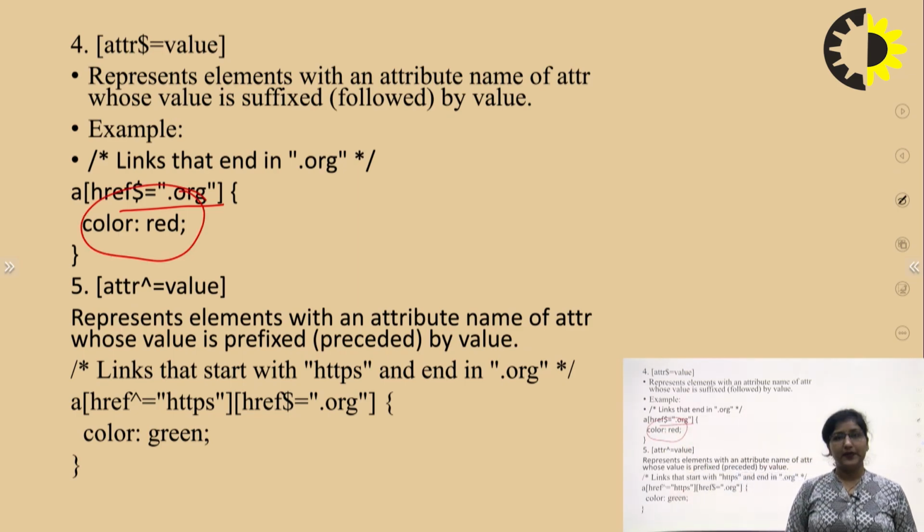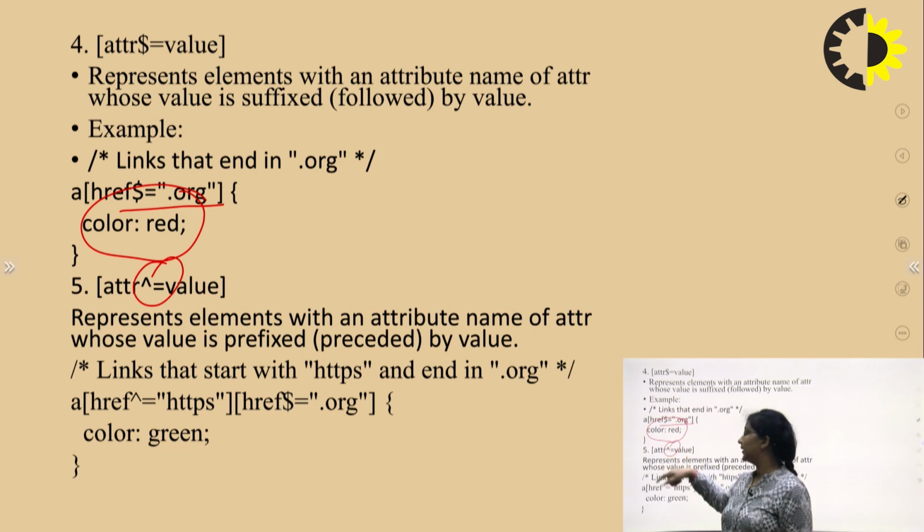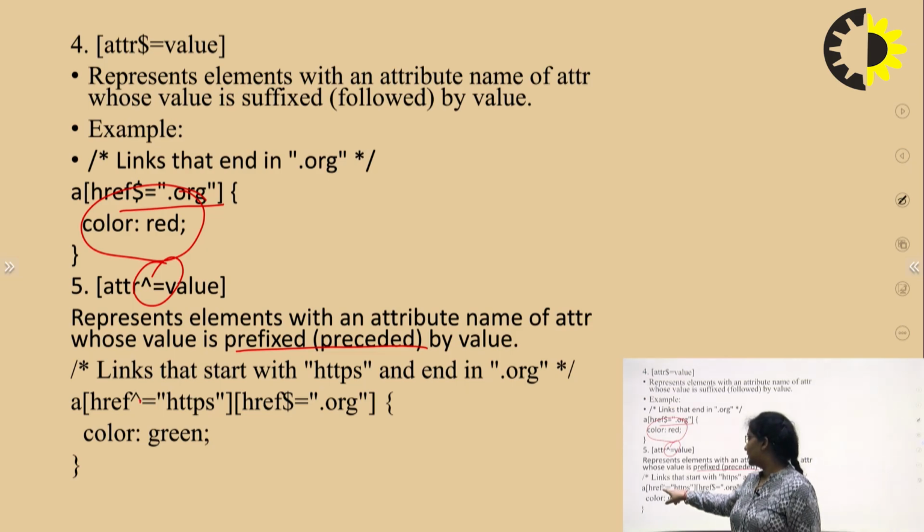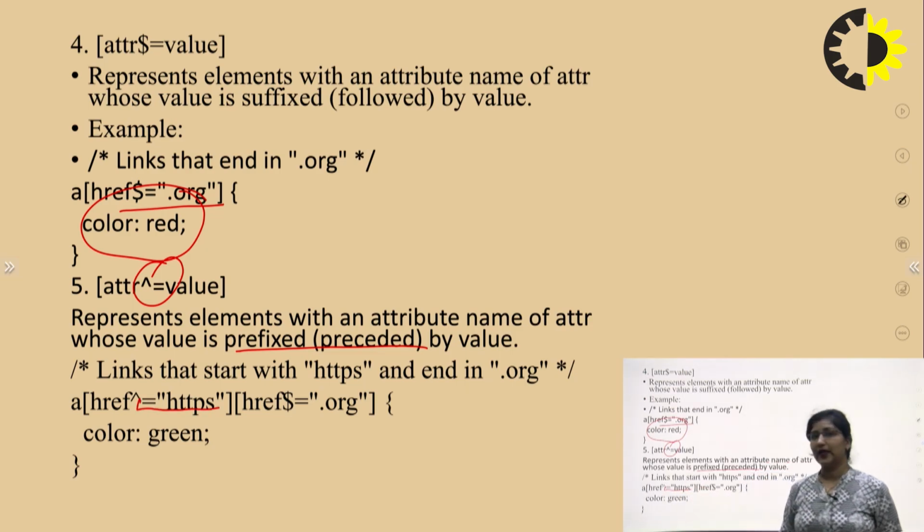Okay. Similarly, if I want to match the preceding value, that means the prefix, I just have to write the caret sign. Attribute caret is equal to value. That means the caret sign is mentioned and it matches the prefix value, that is the preceding value. So caret is equal to HTTPS means the start must be HTTPS.